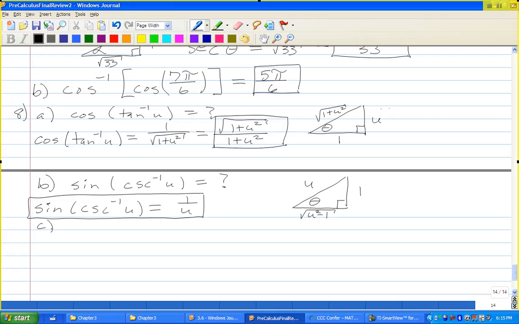C. Tangent of arcsine u. Okay, so let's draw that. So I have that sine of theta is u.